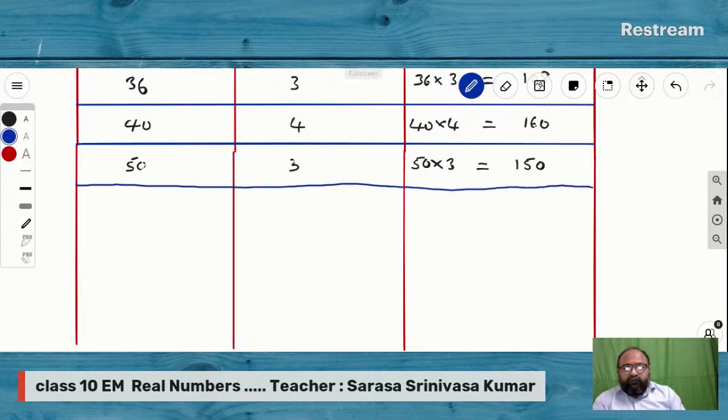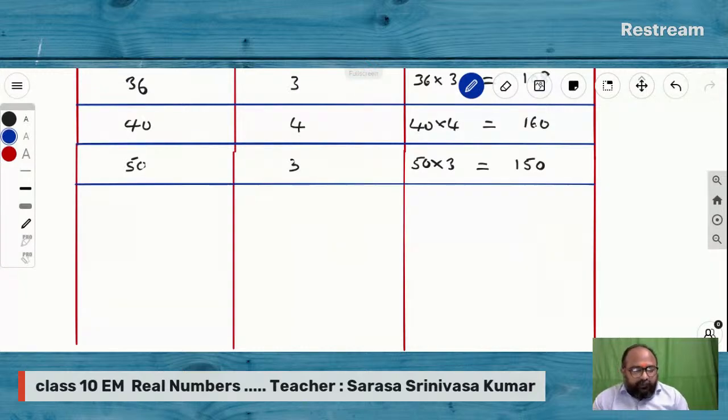Now next, we consider the marks obtained 56. So 56 marks are obtained by 2 students. So we get 56 multiplied by 2, that equal to 112.